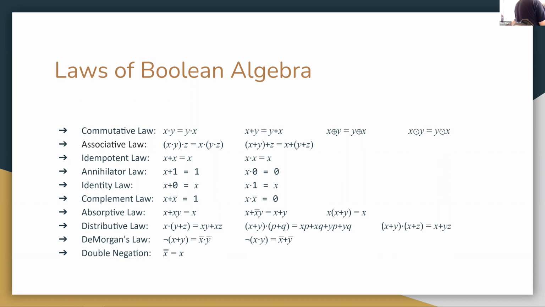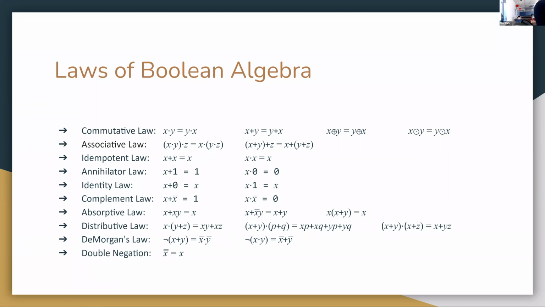You got a true in that OR operator, because with the OR operator, if either one is true, the result is true. If both are false, then the result is false. And you get x and one, meaning x and true. You also have that equal to x.